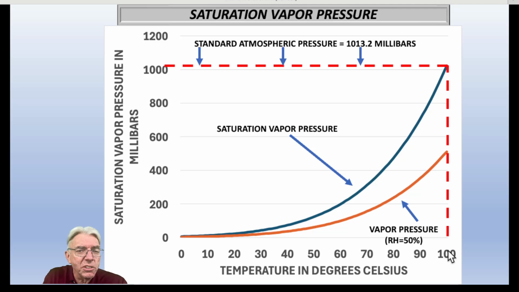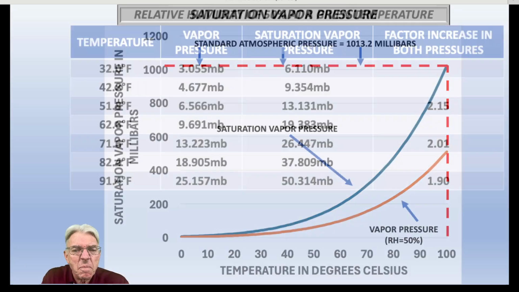Well, it's 100 degrees Celsius. Guess what that is? That is the boiling point of water. 212 degrees Fahrenheit, but 100 degrees Celsius. So the boiling point of water is defined as when the vapor pressure is equal to the atmospheric pressure. That's how the boiling point is actually defined. So that's just a graphical way of showing that.